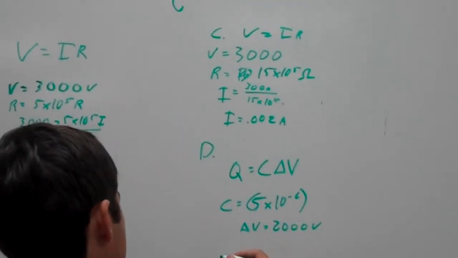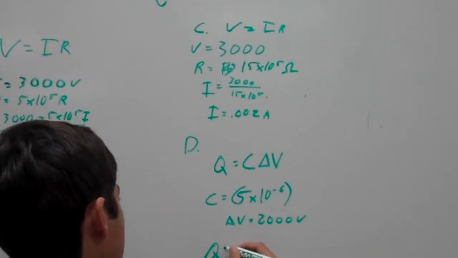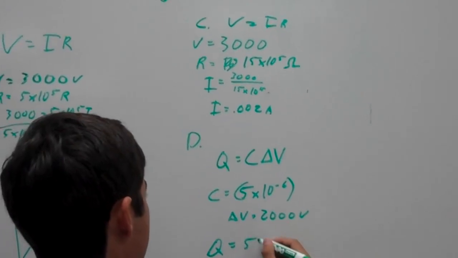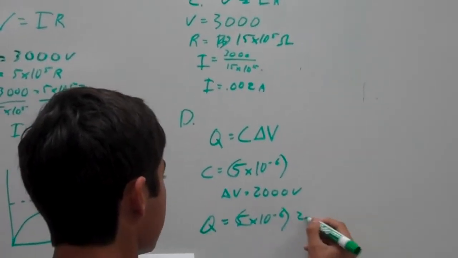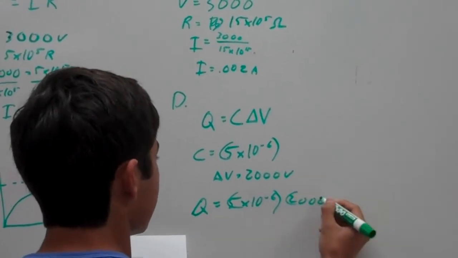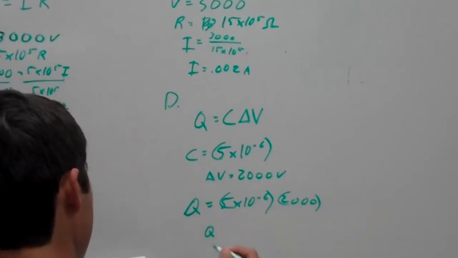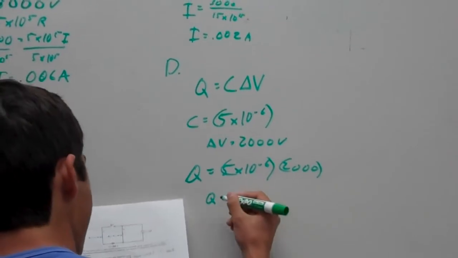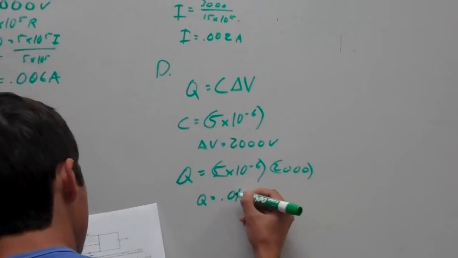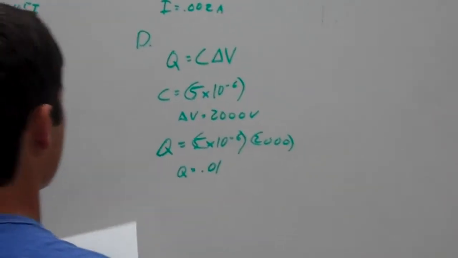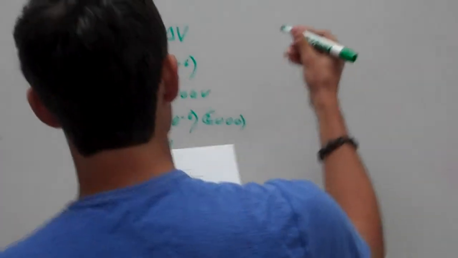And when you plug those in, you're going to get Q equals 5 times 10 to the negative 6 times 2,000. You get Q, which is the charge on the capacitor, equals 0.01.